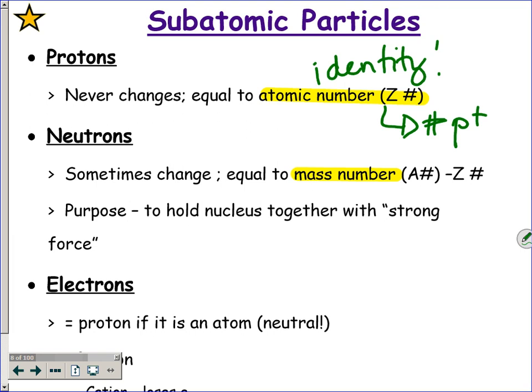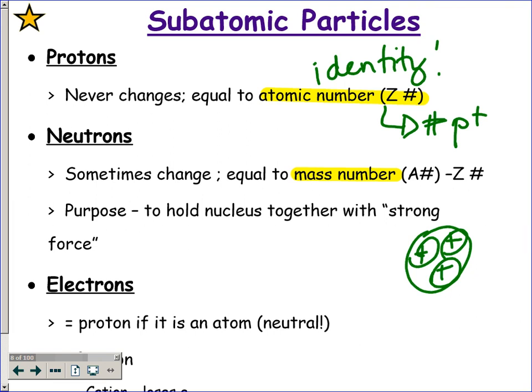Neutrons, I say, sometimes change. When we have isotopes, you can change the mass, which is because you're changing neutrons. I just like this fun fact about the neutrons. We know that in the nucleus we have a bunch of protons, right? What do protons and protons and protons do together? Repel, right? So they can't be that repulsive inside the nucleus because it's supposed to be a stable environment.